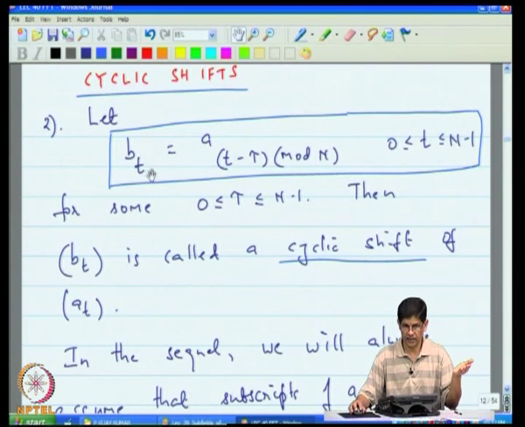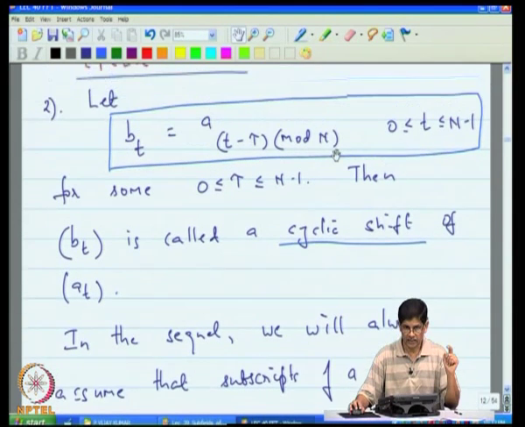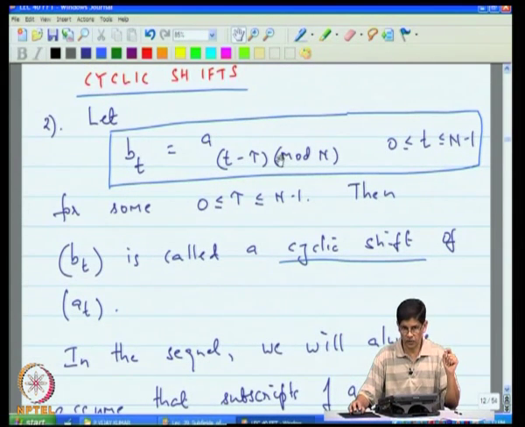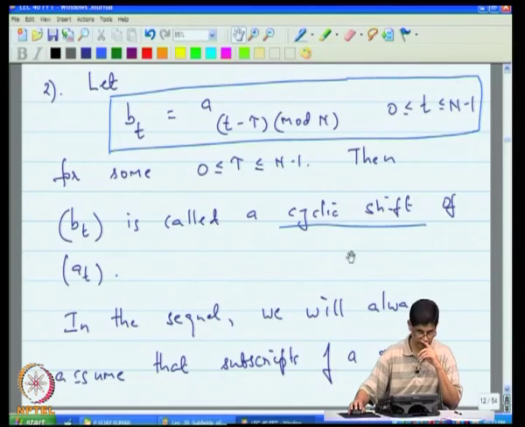That is, the t-th element here is the (t minus tau)-th element of a. One point to note here is that when you subtract t minus tau, you are doing this modulo n. That is important, because without this modulo n, it would simply be a shift, but because it is mod n, it is called a cyclic shift.